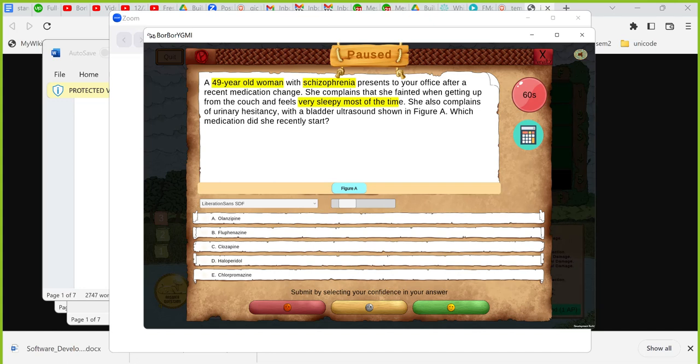Schizophrenia, usually if they are currently in a psychiatric episode, olanzapine is a very good option, and for refractory hallucinations or delusions, we would use clozapine. So it means probably she was on olanzapine.